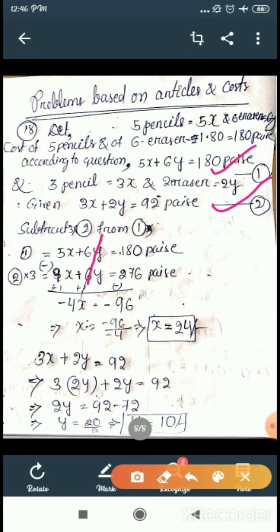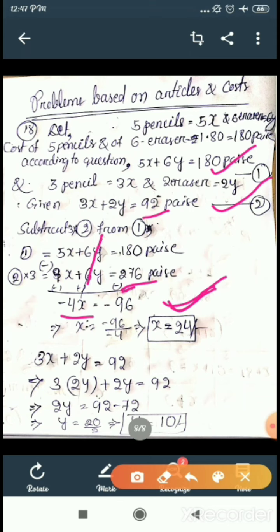Okay, 5x minus 9x will be minus 4x, and 180 minus 276. 276 means you have multiplied 3 with 92, you got 276. So minus 4x equal to minus 96. Therefore x will be minus 96 by minus 4. So x equal to 24. x equal to 24. Which value is this one? The cost of one pencil. The cost of one pencil is 24 paise.